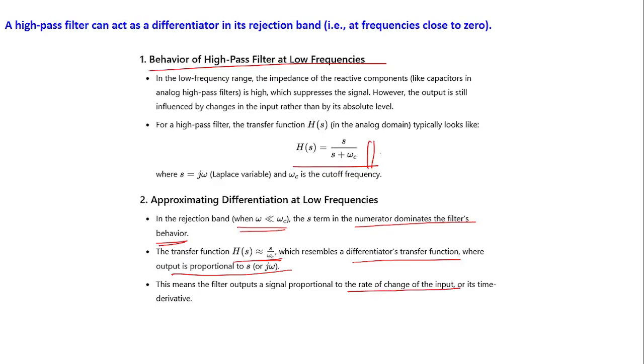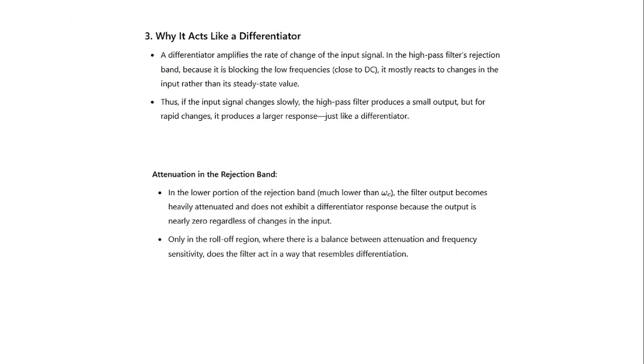As I told you, as there is some rate of change of the signal, it is sensitive to that. It is not allowing any specific frequency component to pass. It is basically in that linear region that the rate of change of frequency is allowed to pass. So why does it act like a differentiator?